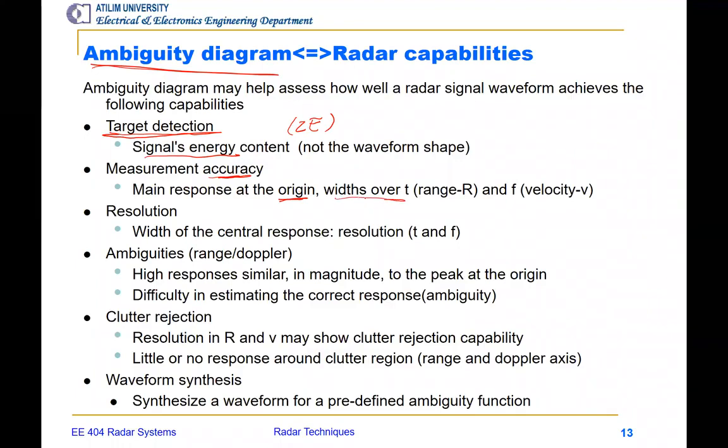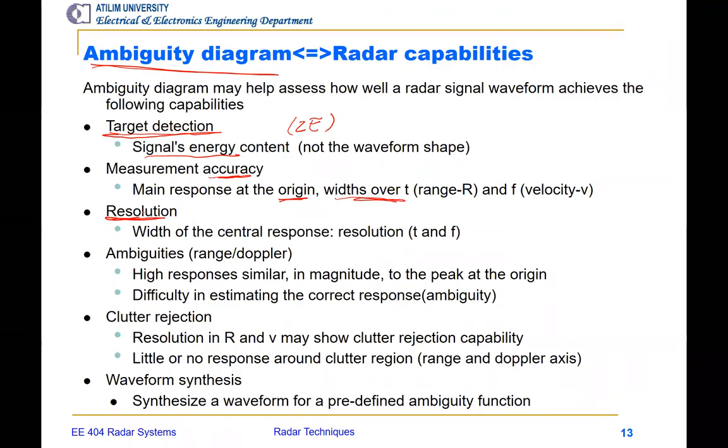The width of the ambiguity function over the range and speed axis will determine the accuracy of the radar in range and speed. Resolution is also related to the main response, central response. Normally, there may be many different peaks over the range and speed axis for an ambiguity function.